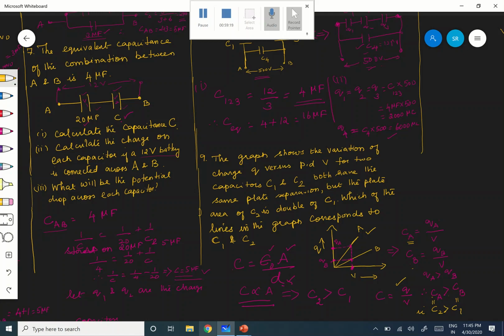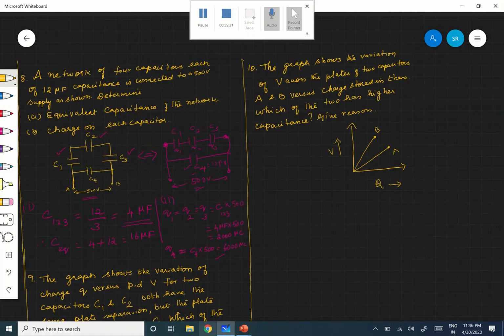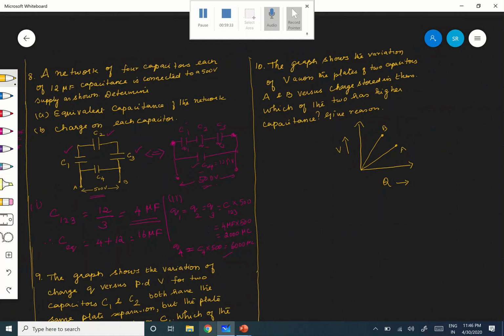So, next one. Hope you are following. Next one is the last problem, I think. The graph shows the variation of V across the plates of the two capacitors A and B versus the charge stored.